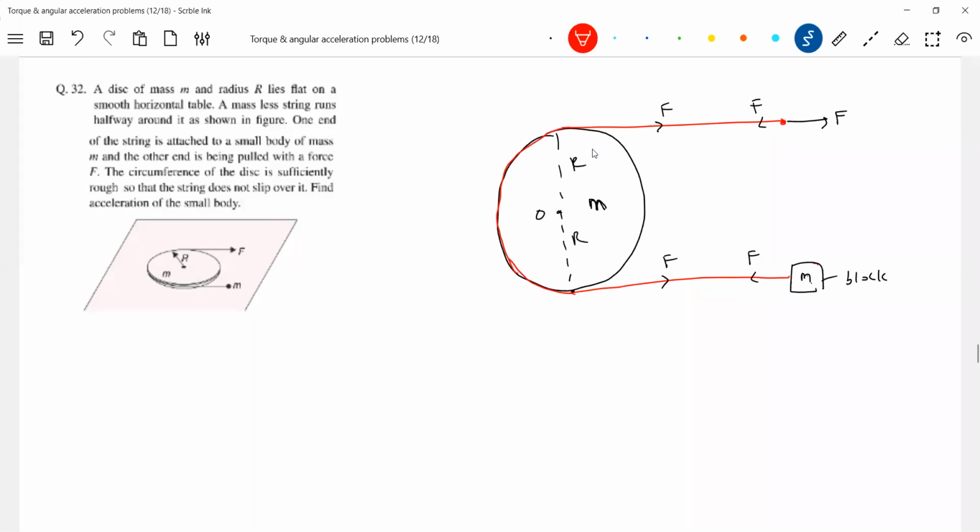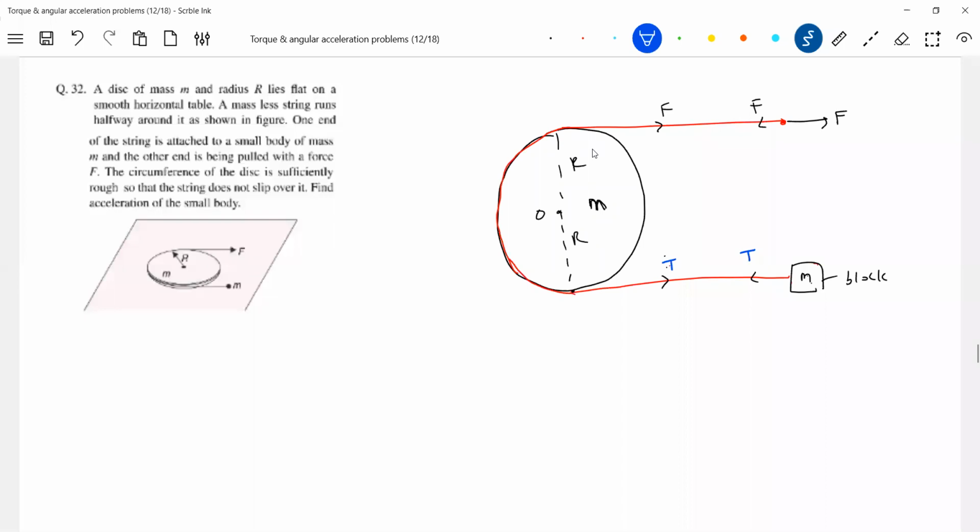It should be tension. This is a mistake students will make most. So intentionally I'm showing the mistake you're going to make here. The disk has a mass, so the tension on either side of the string must be different.